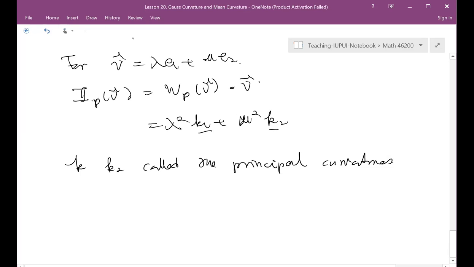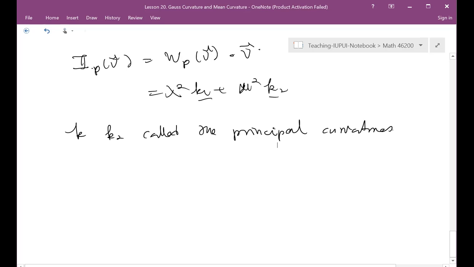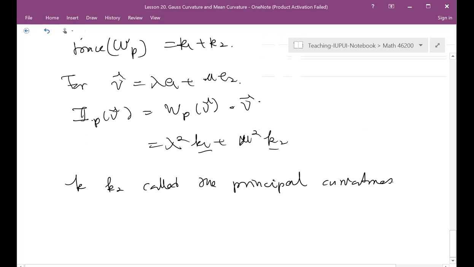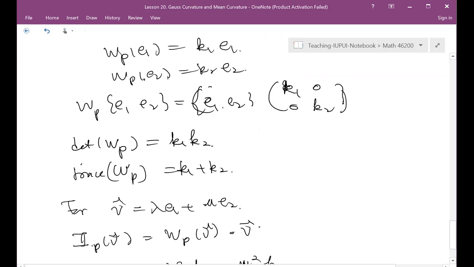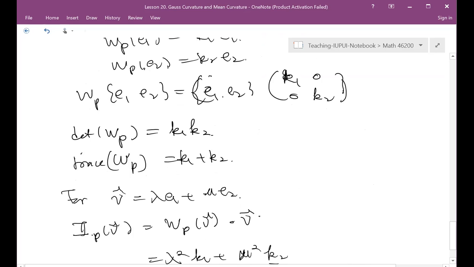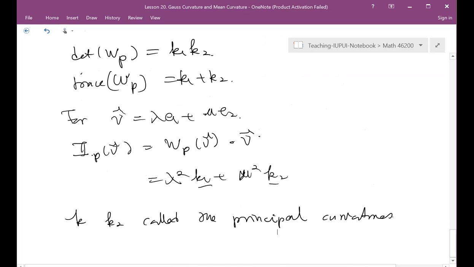It has nothing to do with a surface patch here, but the question is how do you find it easily? That's a problem. To find K1, K2, if we are able to find the basis, the normal basis, such that W(e1) equals K1 e1, W(e2) equals K2 e2, then you can get the principal curvature.